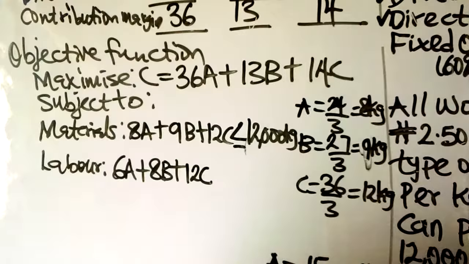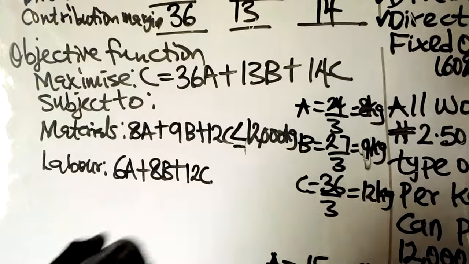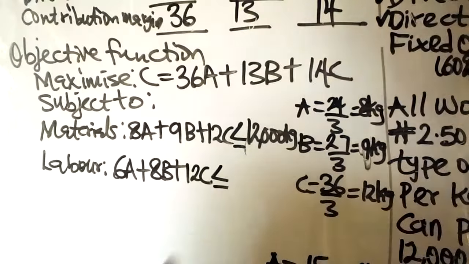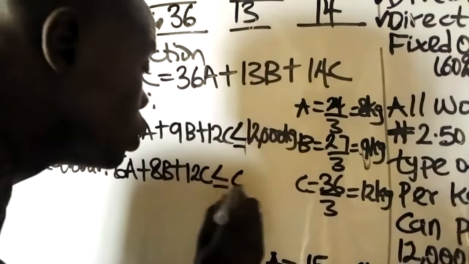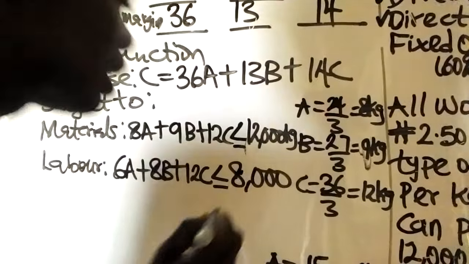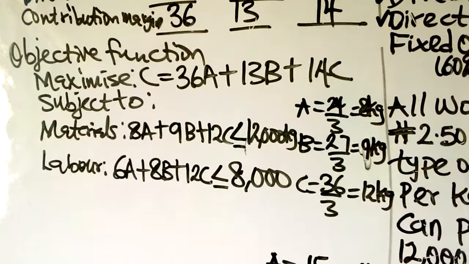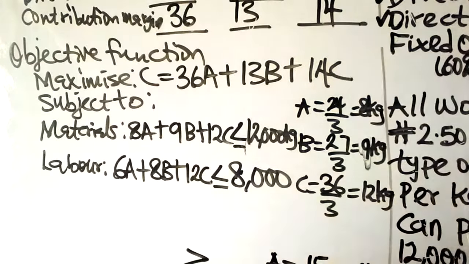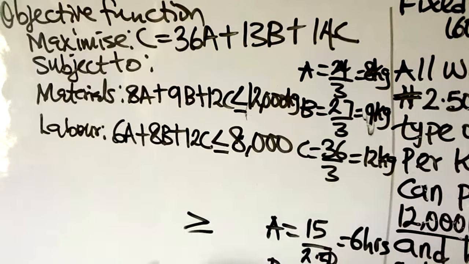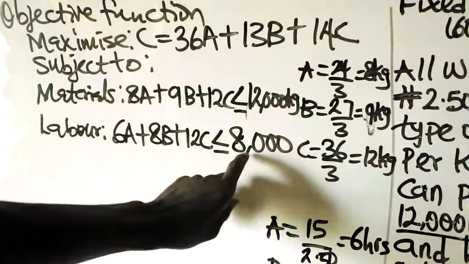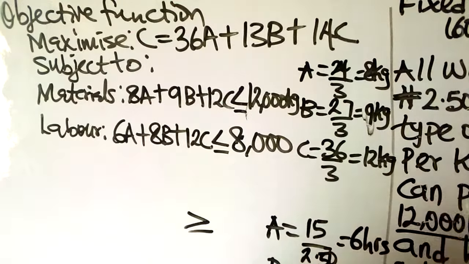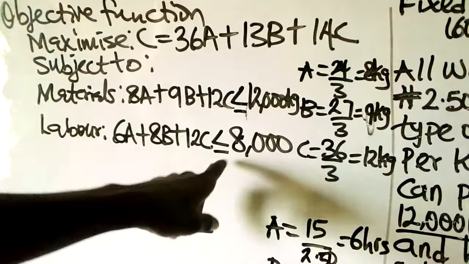Since they can only employ a maximum of 8,000 hours, the correct inequality symbol to use is less than or equal to 8,000. They cannot employ more than 8,000 hours, so you cannot use greater than or equal to. The inequality symbol to use is less than or equal to.